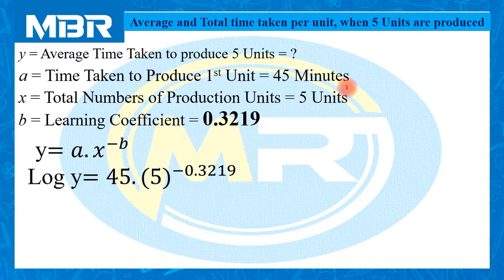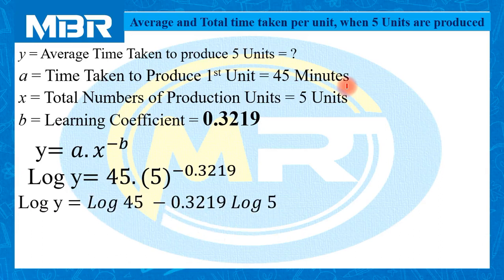Y is equal to 45 multiplied by 5 to the power minus 0.3219. Without logarithm, it is not possible to solve the problem. So log y equals log 45 minus 0.3219 multiplied by log 5.